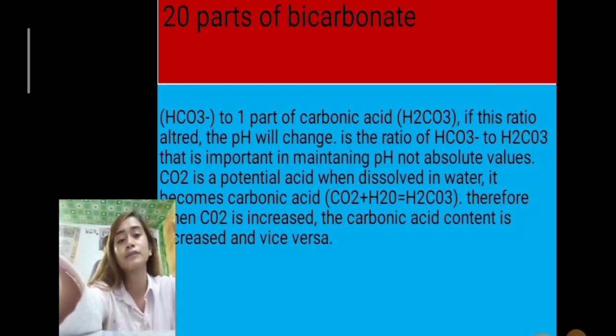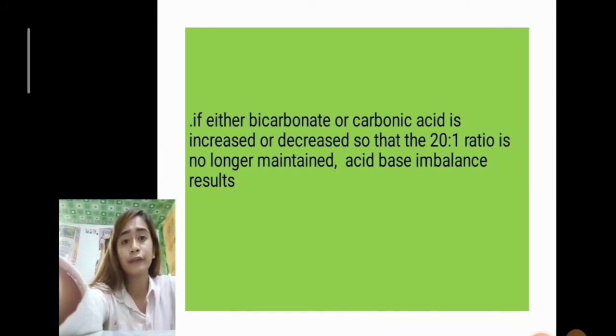CO2 is a potential acid which dissolves in water to become carbonic acid: CO2 + H2O equals H2CO3. Therefore, when CO2 is increased, the carbonic acid content is increased, and vice versa. If either bicarbonate or carbonic acid is increased or decreased so that the 20:1 ratio is no longer maintained, acid-base imbalance results.